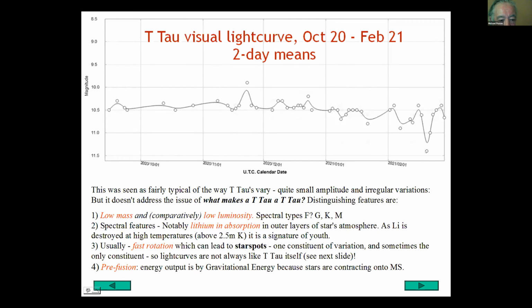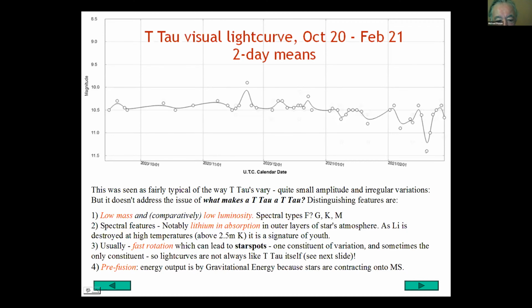So as we can see here, one of the main things is that T Tauri stars are fairly low mass and also low luminosity. They tend to be what are called late spectral types. Occasionally spectral type F, usually G, K, or M. So they're orange to reddish kind of stars, not terribly luminous.